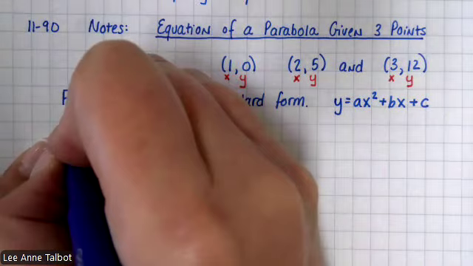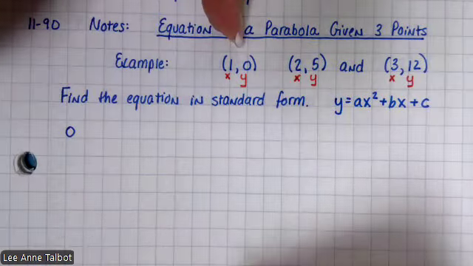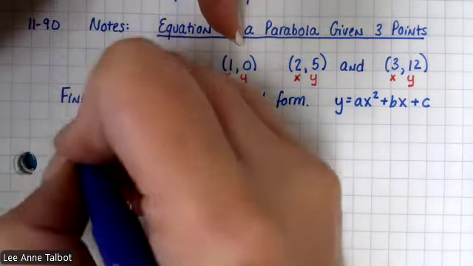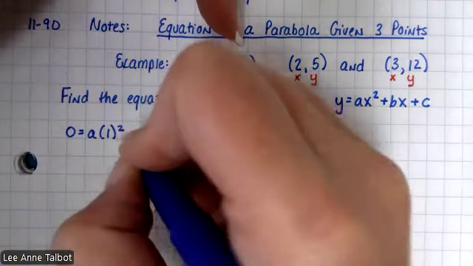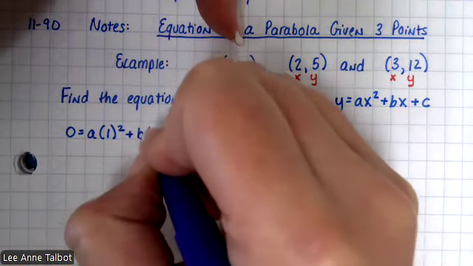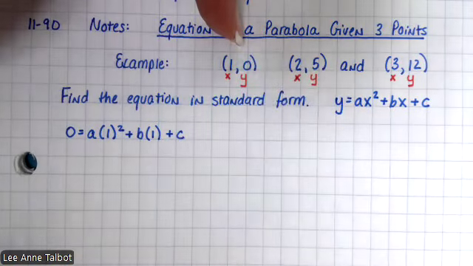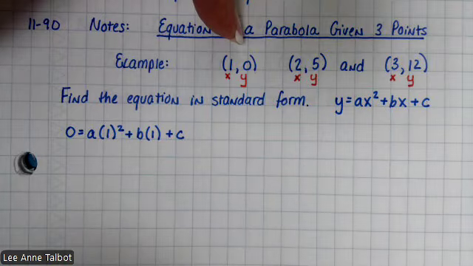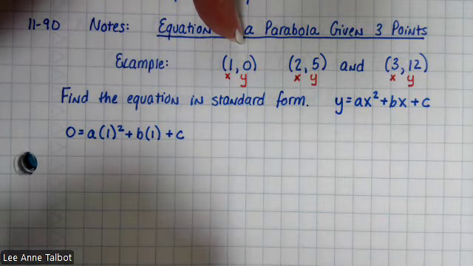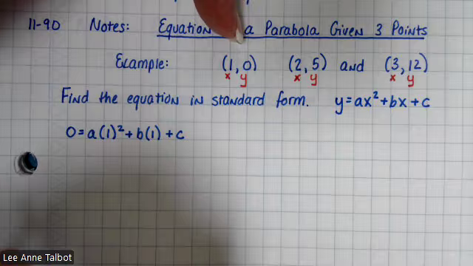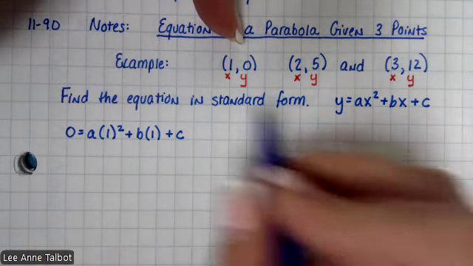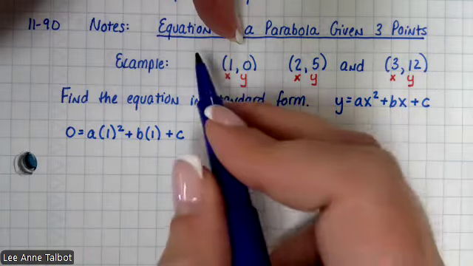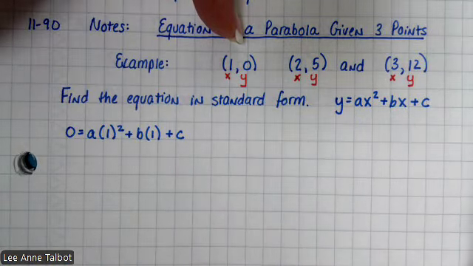So I'm looking at this coordinate right here. y equals ax squared plus bx plus c. Do you see what I did? Are you sure that you see what I did? I took this thing here, plugged 0 in the y spot and 1 in the x spots.